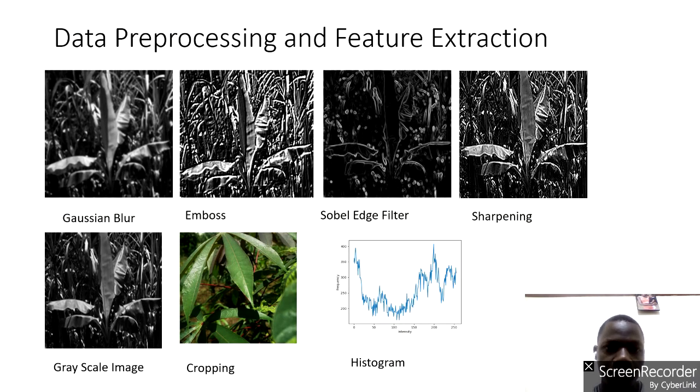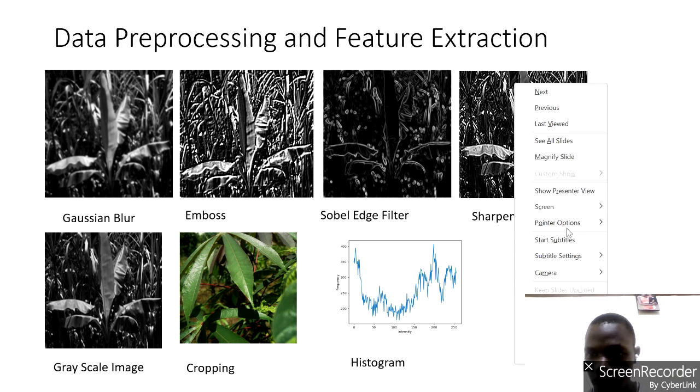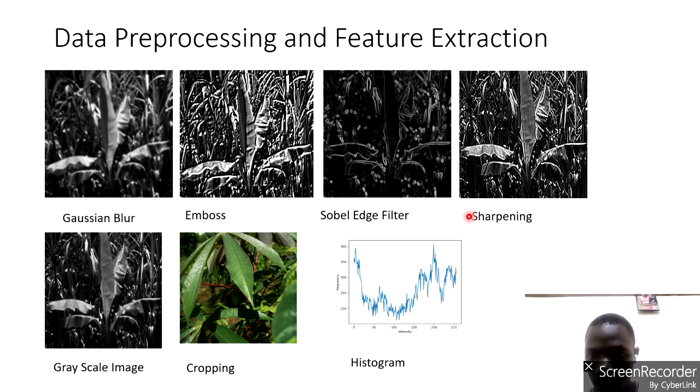Let me enable a laser pointer. I started off with images from frames from the video, which are 133, and I cropped out the various plants of my interest. As you can see, I cropped out a cassava leaf, and then I applied different filters and different feature extraction.